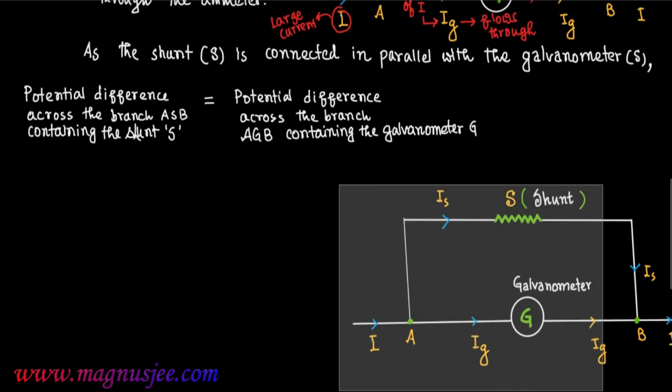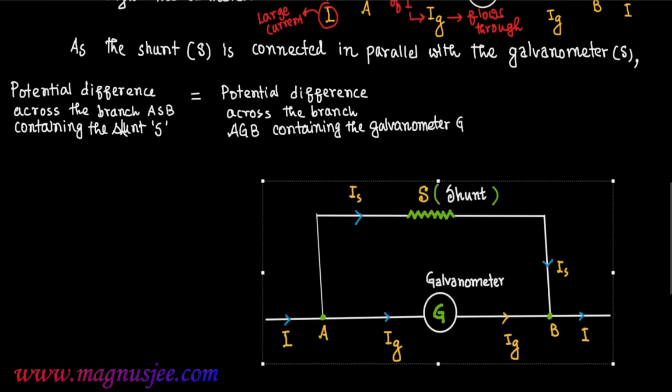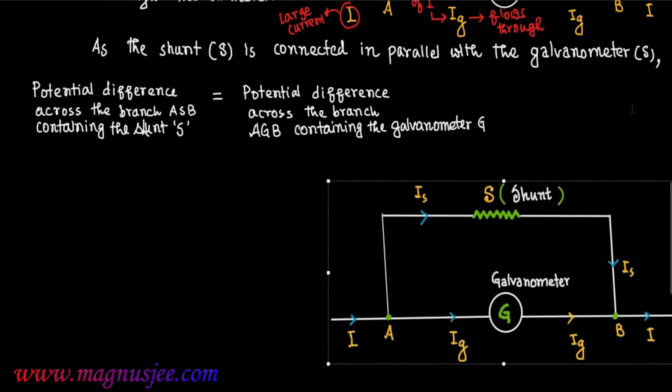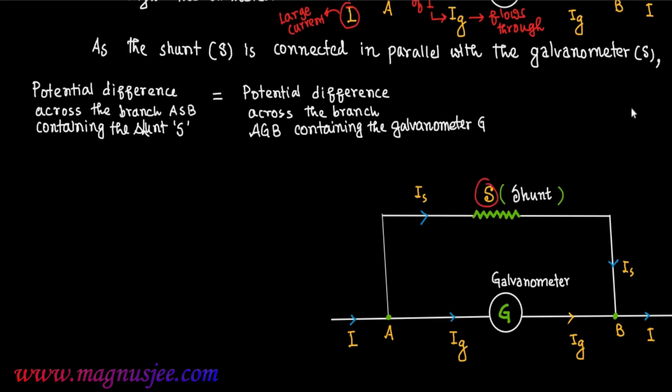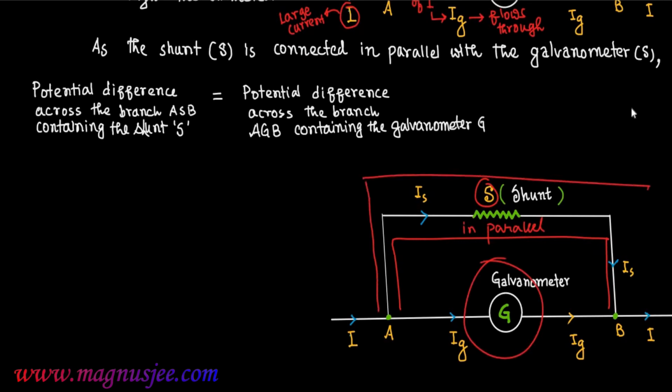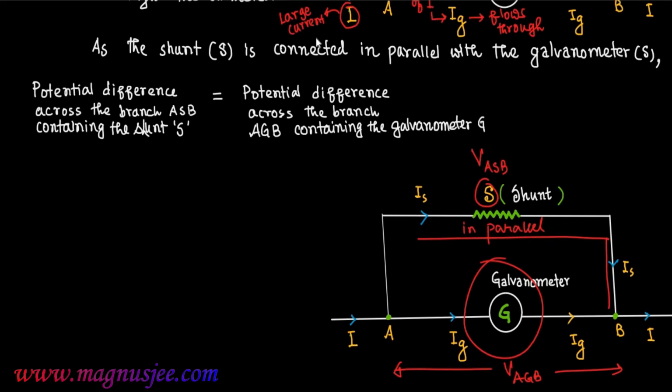Here the potential difference across the branch ASB will be equal to the potential difference across the branch AGB containing the galvanometer G. The potential difference across ASB is VSB, and across AGB is VAGB.